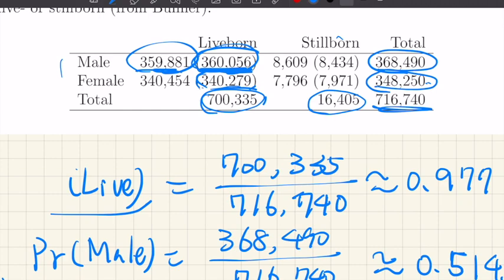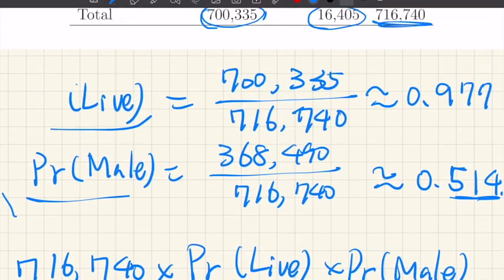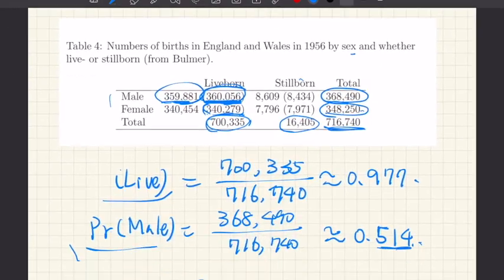So we reject the hypothesis. Therefore, they are not independent. So these are not independent of these. This is how you can test whether something is independent of something else.